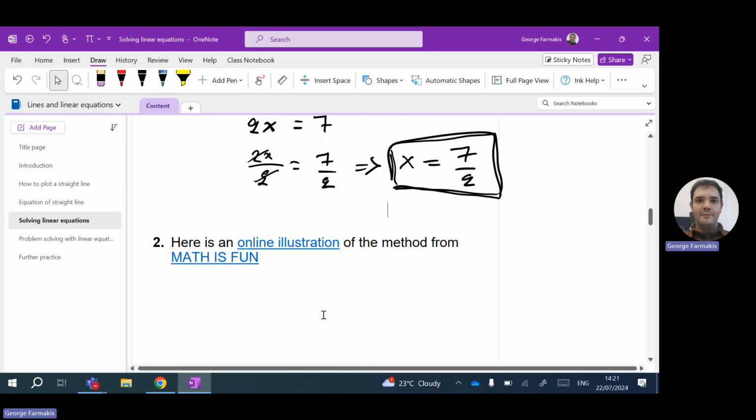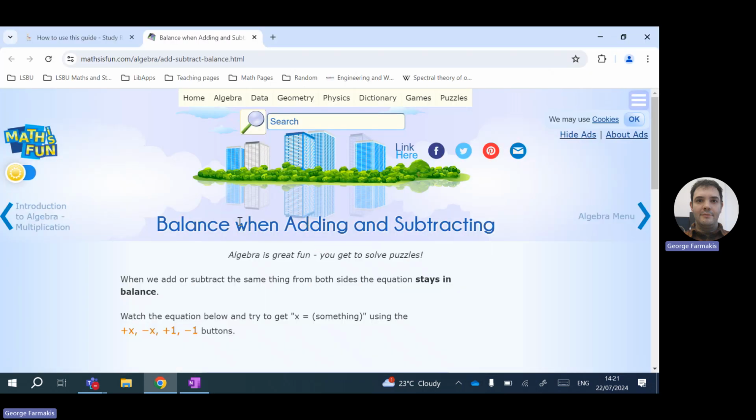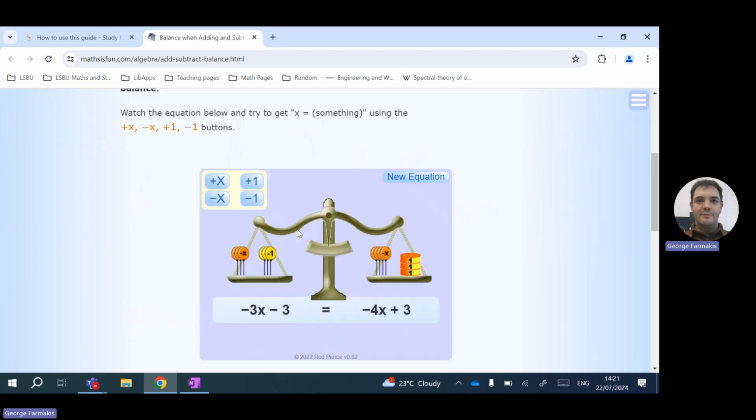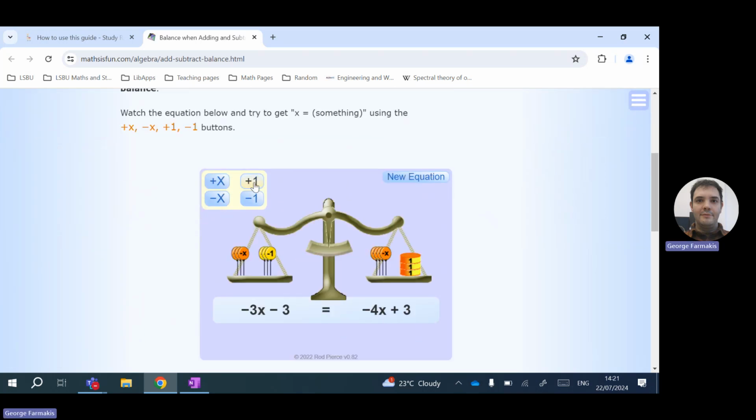There is a very nice online illustration of this method on Maths is Fun. Let me go here, for example, to see an example: balance when adding and subtracting. Here we have this scale. We are given an equation and we want to solve it by adding or subtracting numbers or the unknown.